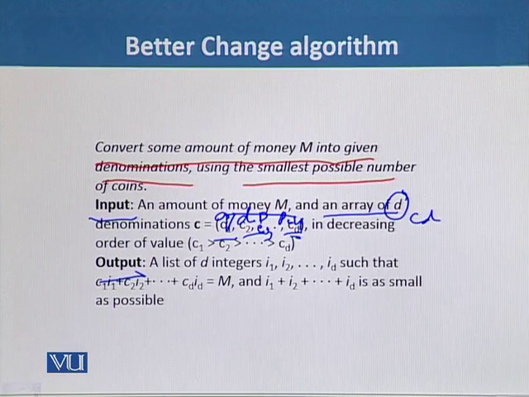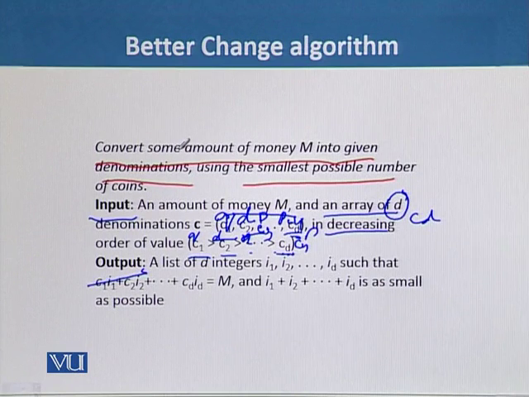It is also in decreasing order, meaning C1 is greater than C2, C2 is greater than C3, and it goes down to the minimum, the penny.